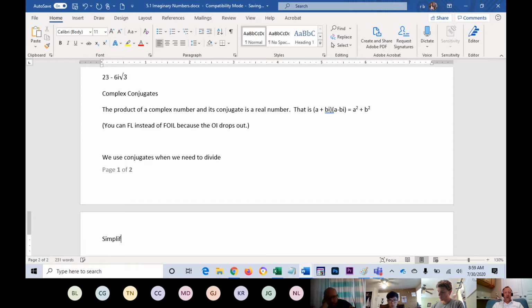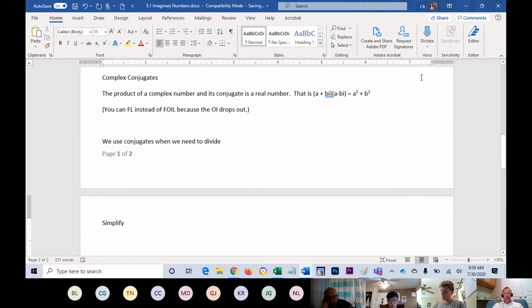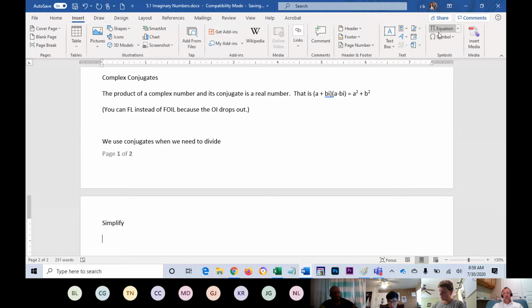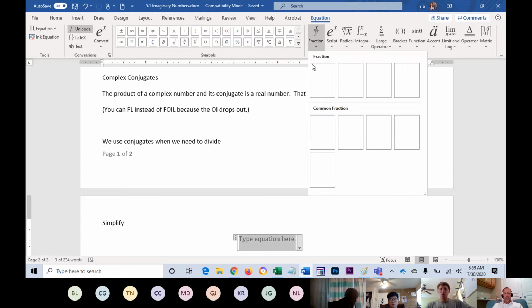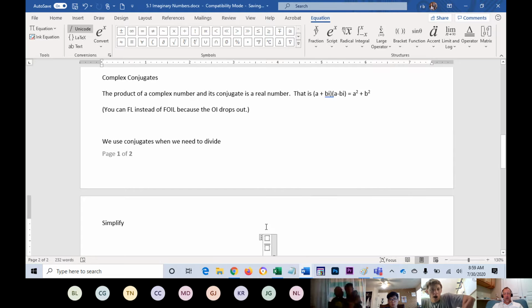So for example, if I wanted to simplify the following equation here, let's say that I had a fraction: I've got 16 minus 11i, and I want to divide that by 5 plus 2i.